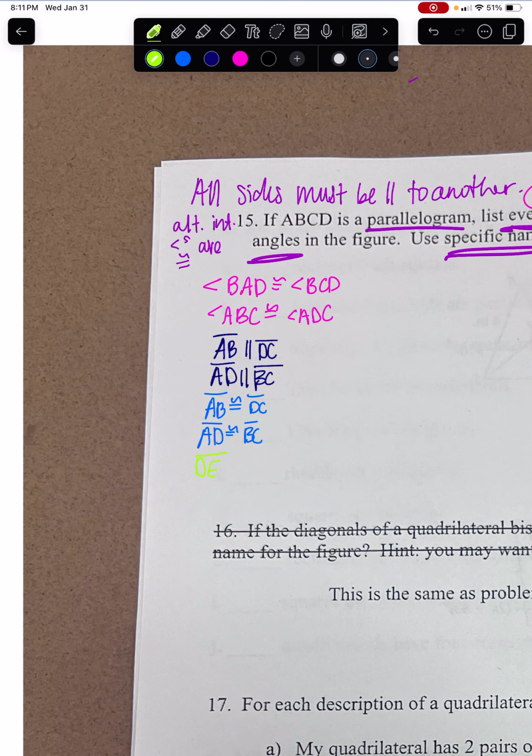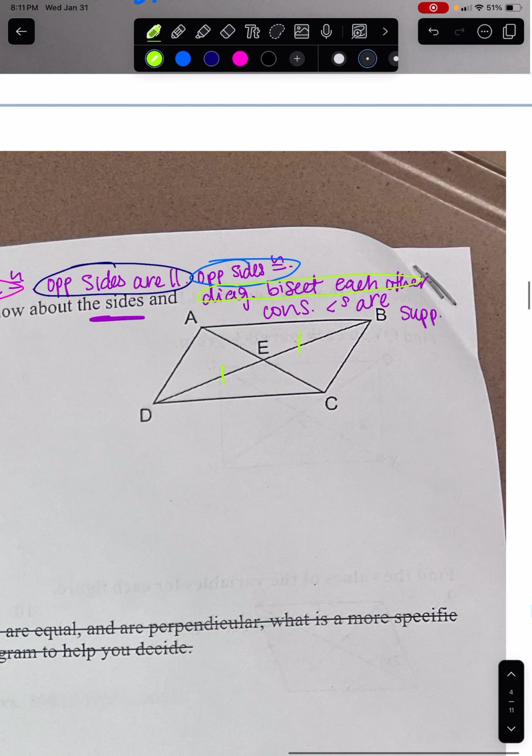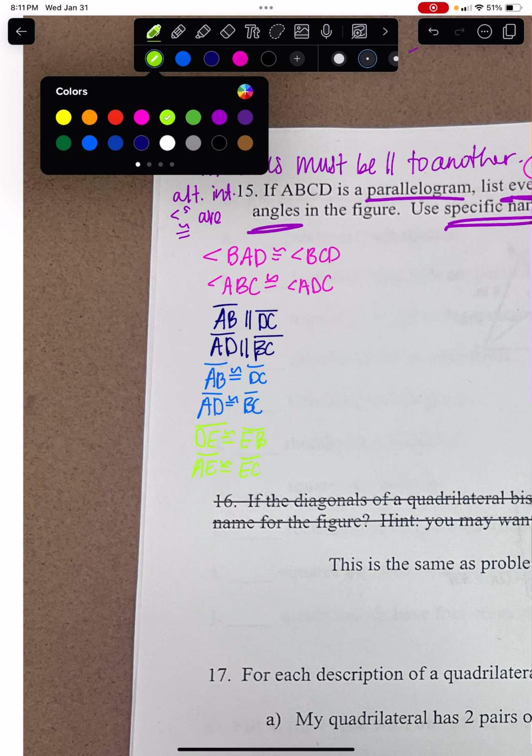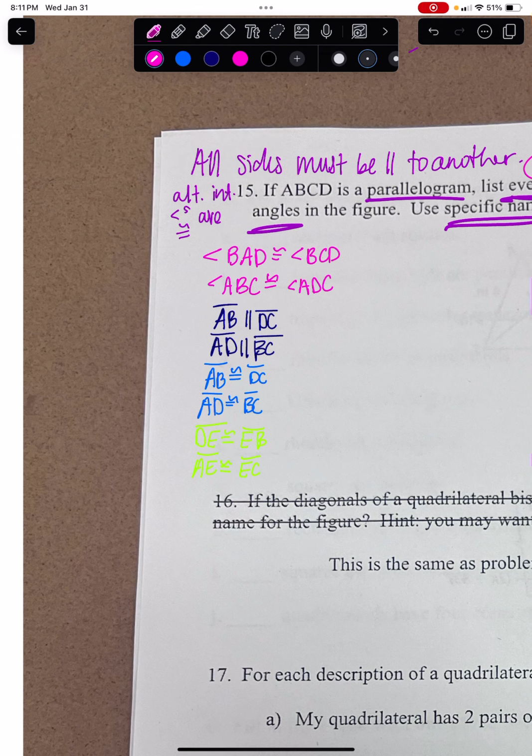So DE congruent to EB. And AE congruent to EC. That color is disgusting. I don't think I've used red. No.